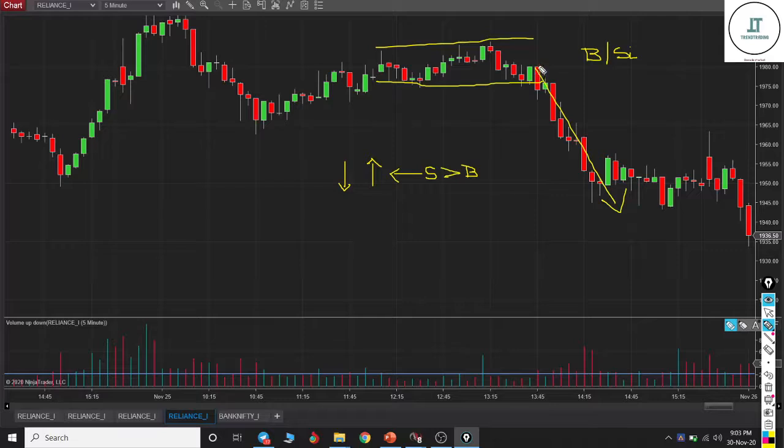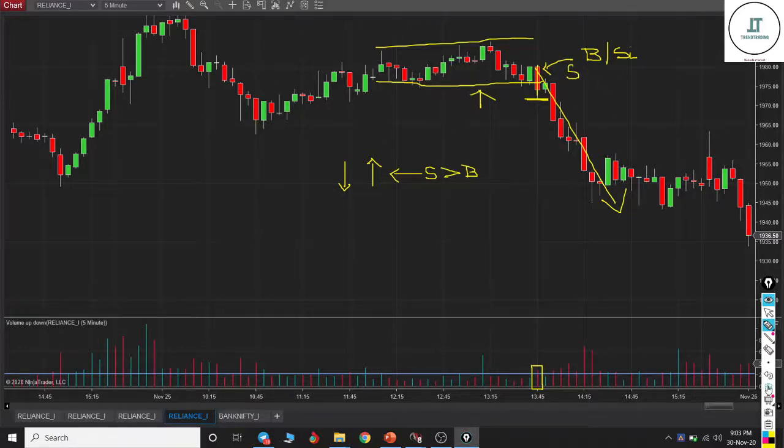Once price breaks the lower band of this balanced zone, look at the volumes. It came outside the stable point, and when it started breaking the low of the breakout candle, that is the first attempt of the sellers to push the price lower.